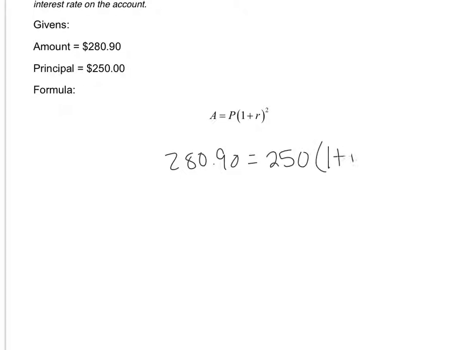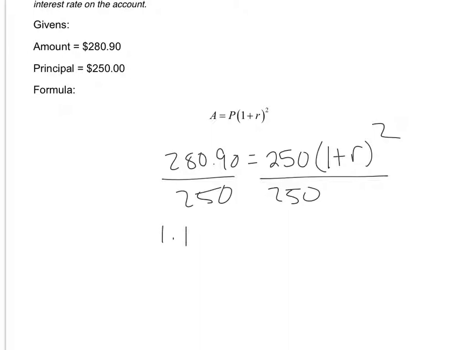We have (1 plus R) squared. So divide by the 250. So you get 280.9 divided by 250. You get 1.1236 equals (1 plus R) squared.